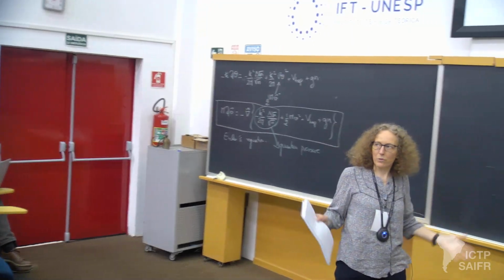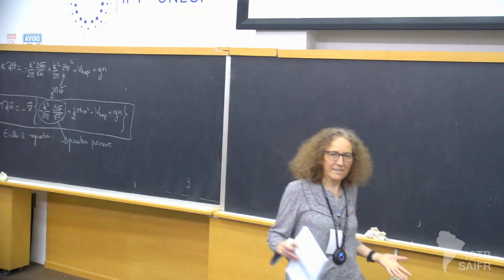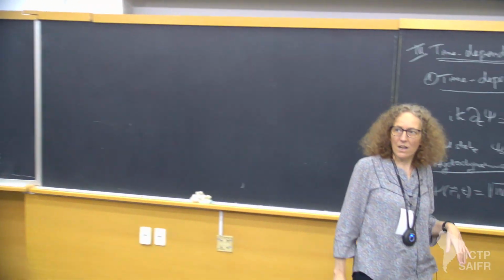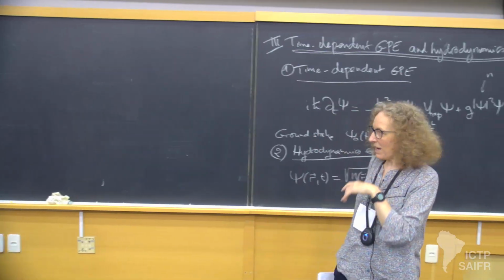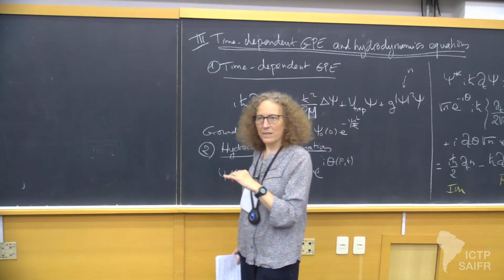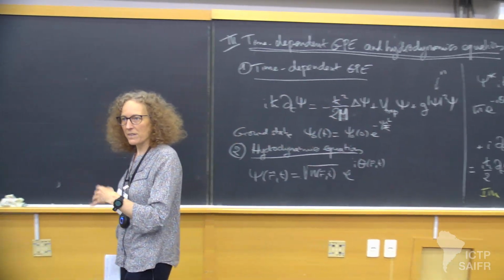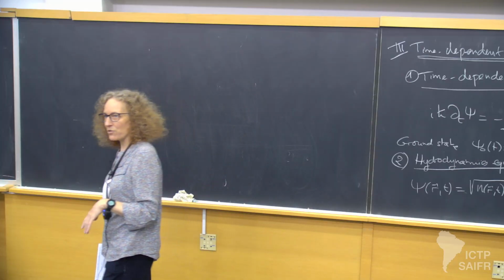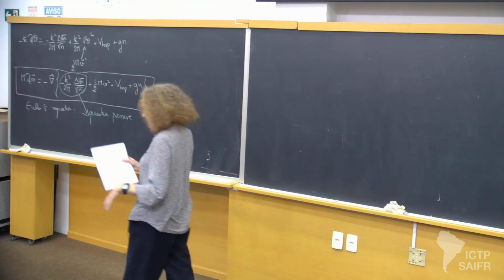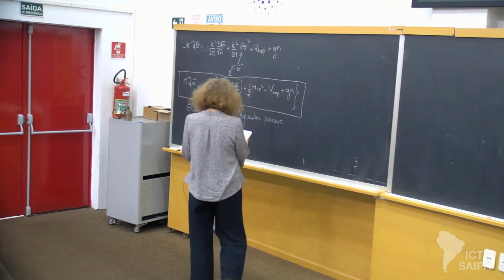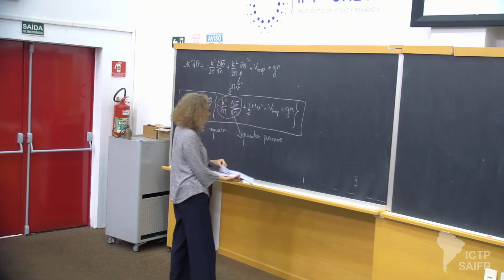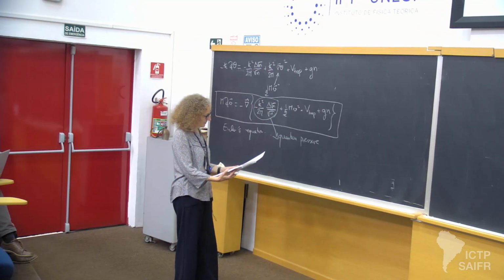But globally, if we want to look at the collective behavior of the gas, typically we can ignore this term. Ignoring this term is sometimes called a hydrodynamic approximation. So if you describe the fluid as simply hydrodynamic, you can sometimes neglect this term.